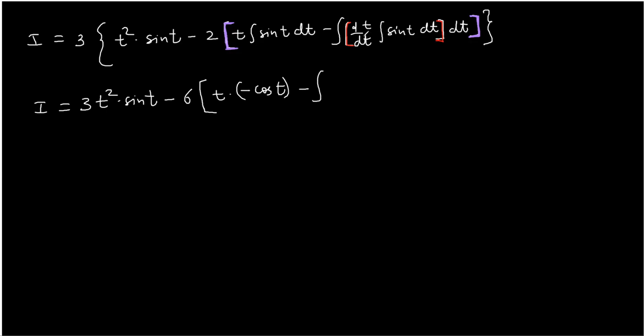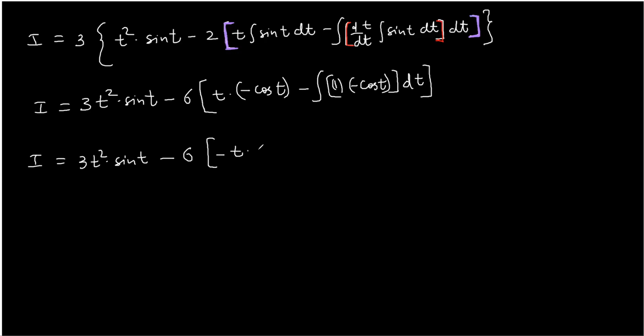I have derivative of t with respect to t is 1, and this is minus cos t and dt, the bracket closes. So here I have I equals 3t square sine t minus 6 and minus t cos t plus integral cos t dt.